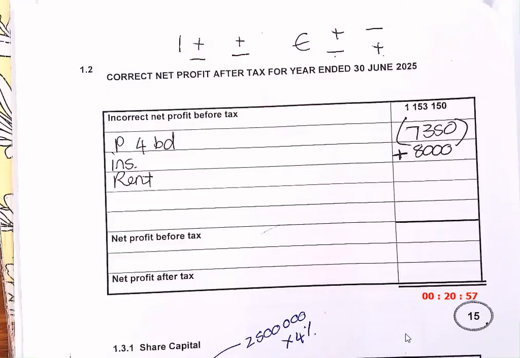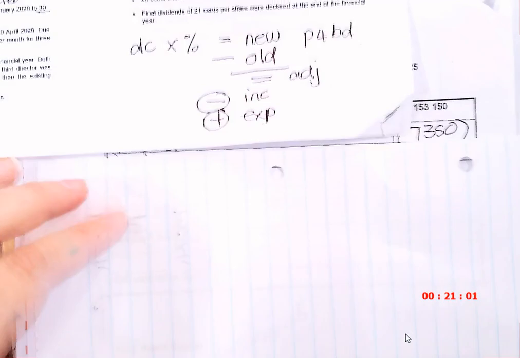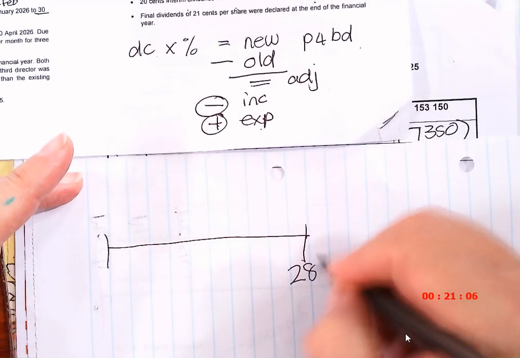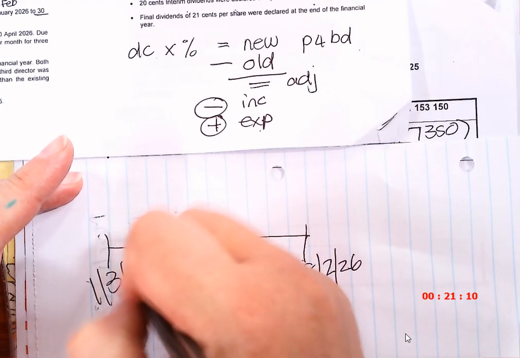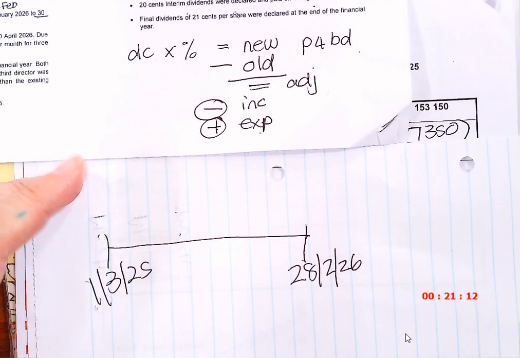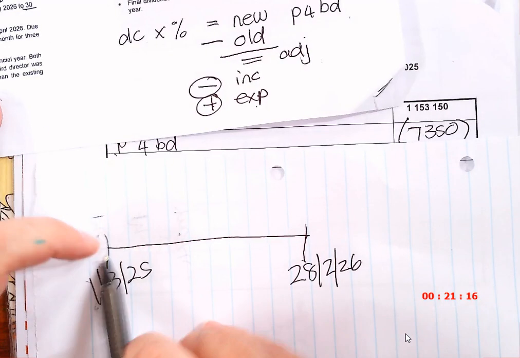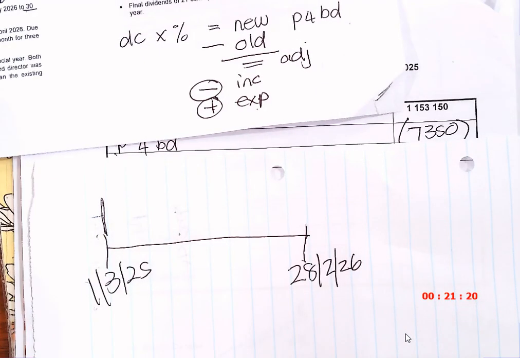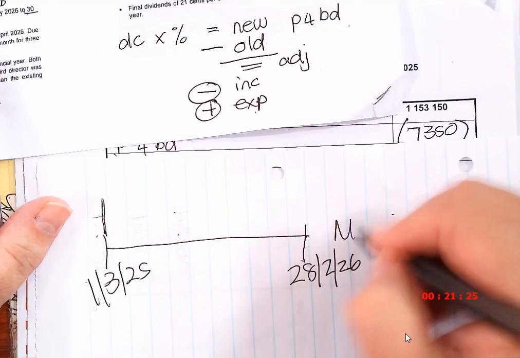So now let's go look at the rent. The first thing I want to do is draw my financial year. My financial year ends 28 Feb 26, so it started 1st March 25. Now they tell me rent has been received from the 1st of March to 30 April, meaning I also received March and April.